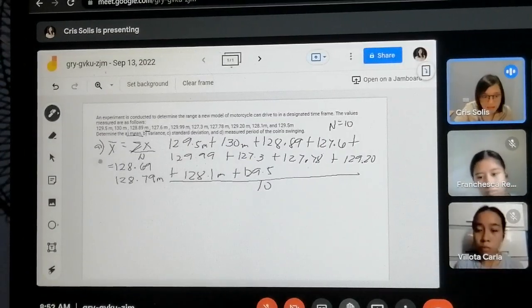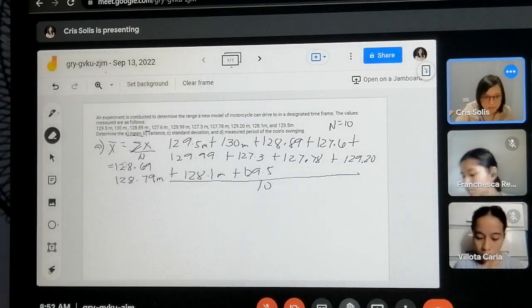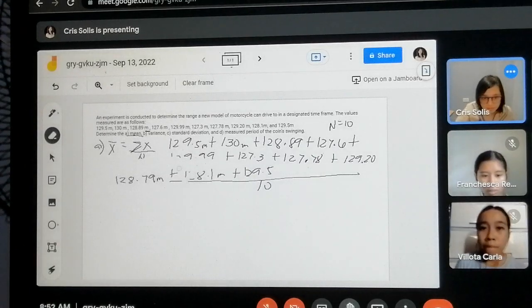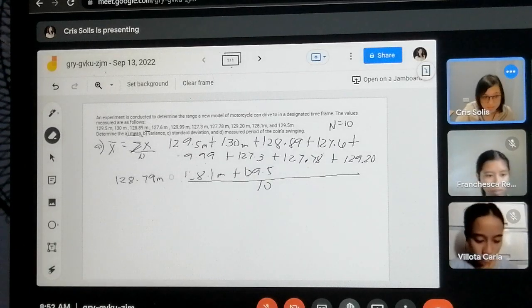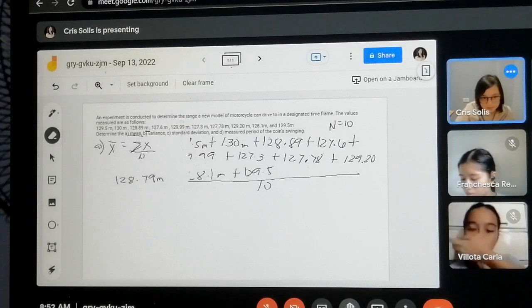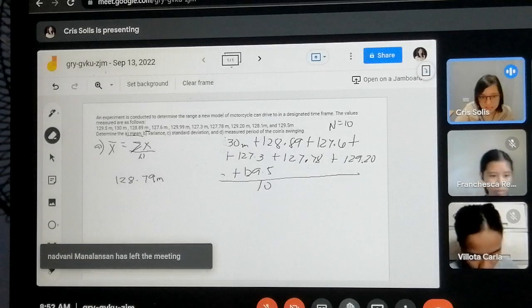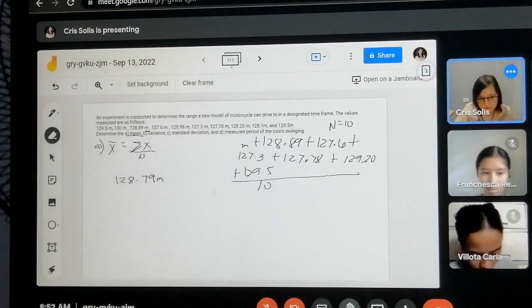Baka meron kang error. Erase ko na po. Prince, kinalculate mo ulit, anak? Kina-calculate na po. Okay, good, sige.